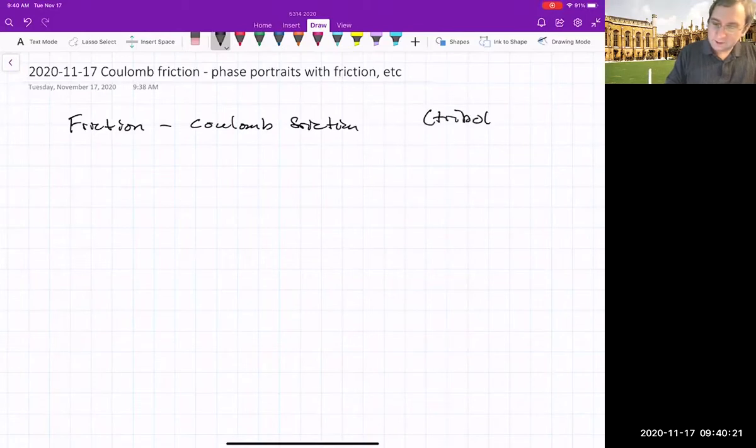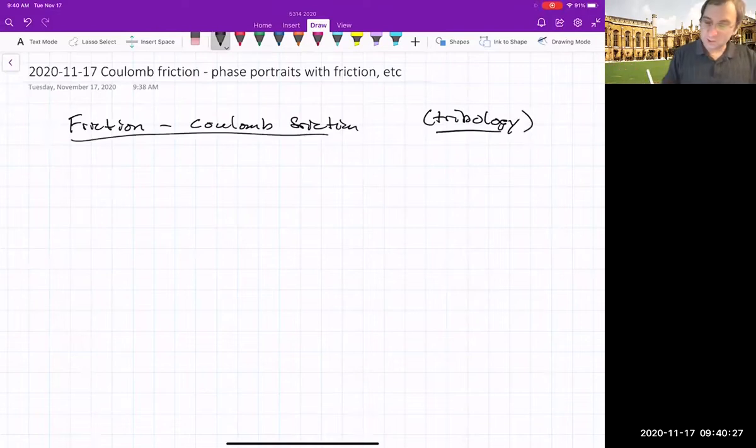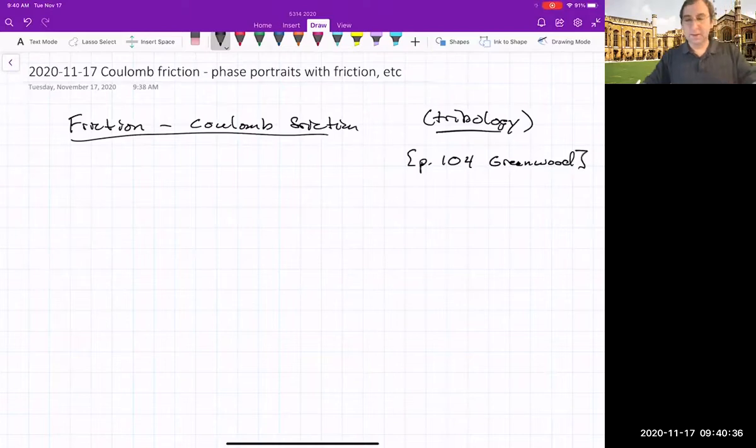I think it's called tribology, and it's all about friction. This is in Greenwood. He's got a little bit of stuff about friction, which is helpful. I guess we could say a little bit about Coulomb's experiments.